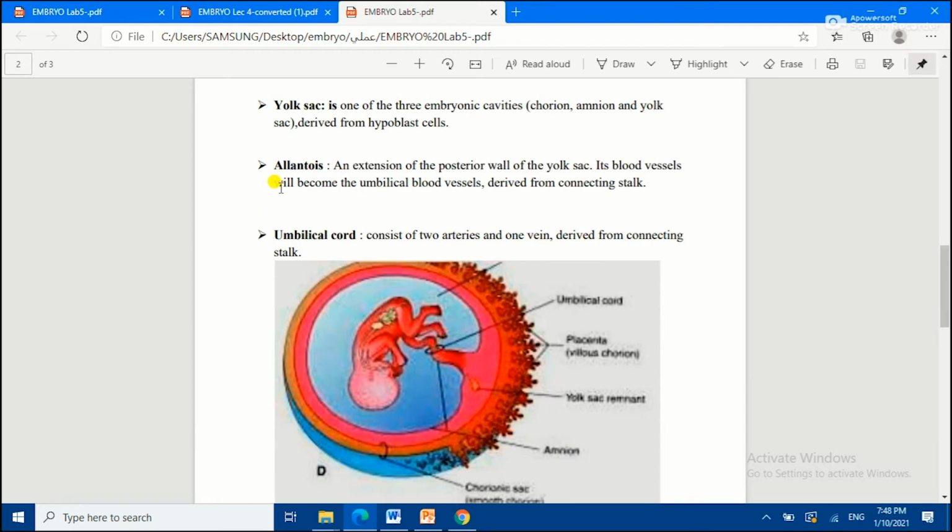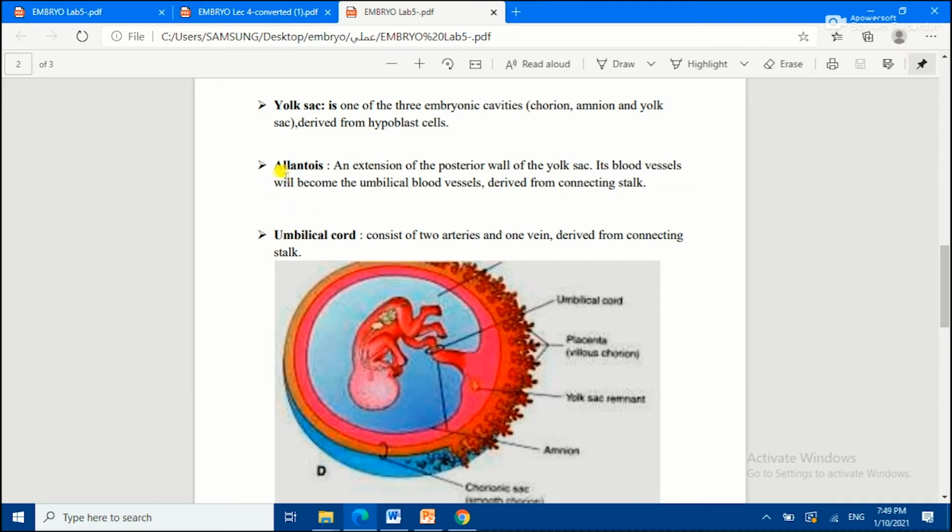The third one is the yolk sac. Look here, the yolk sac. The yolk sac is actually one of the embryonic cavities. As you remember, we have the chorion, amnion, and also the yolk sac. The yolk sac is derived from hypoblast cells.